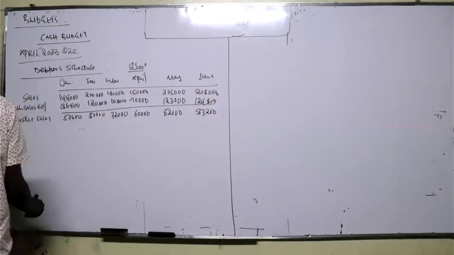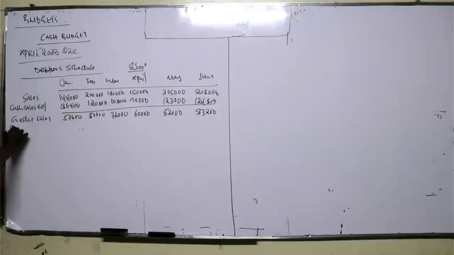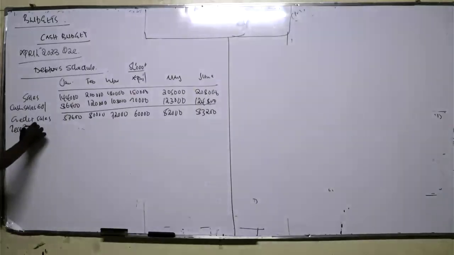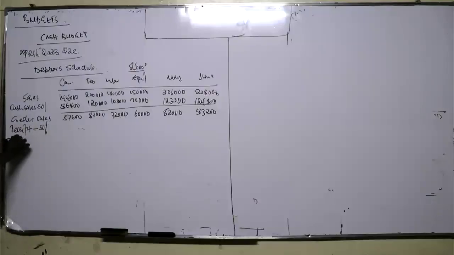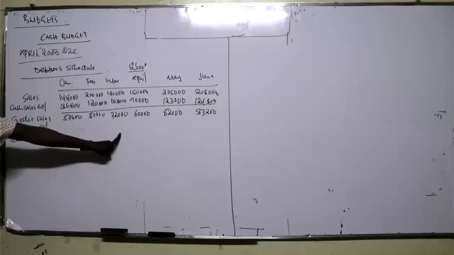So now here we say receipts, 50% of credit sales, isn't it? Then we also say here receipts, the remaining 50%, they are collected equally. So the first 50% you collect here, and the remaining 50% you collect in the subsequent month.